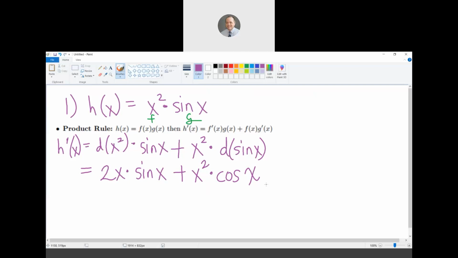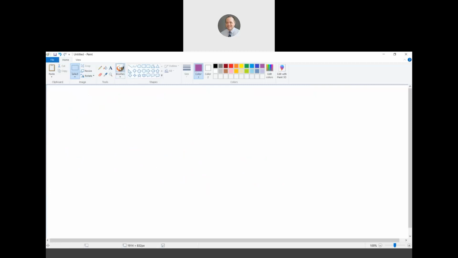Let's look at an example involving a fraction. Actually, before I try that one, let's look at an example involving the chain rule.